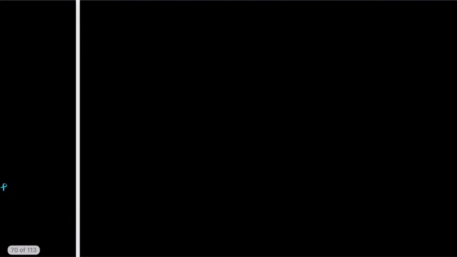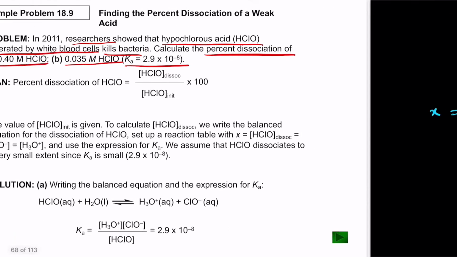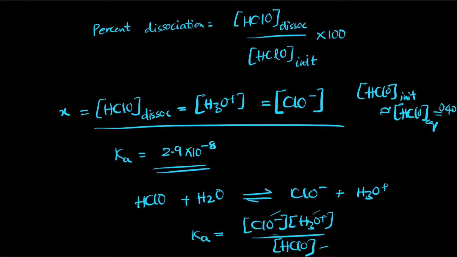Now, we consider these two values to be X, and this value is already given, which is the initial concentration, also nearly equal to the equilibrium concentration of HClO. The main reason is that this is a weak acid, so that value is 0.40 M.